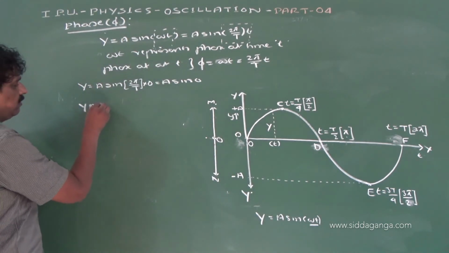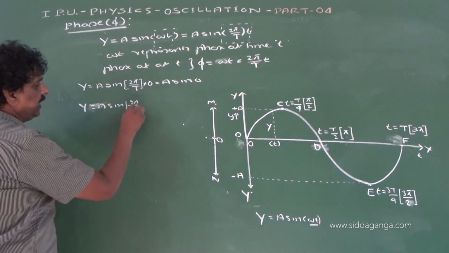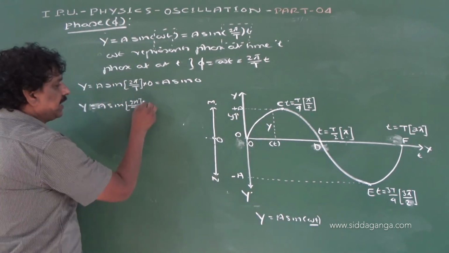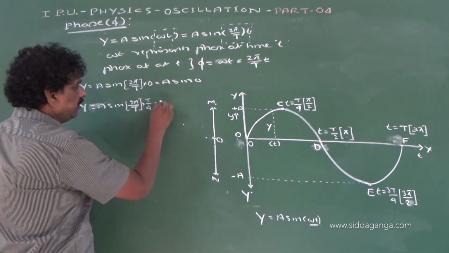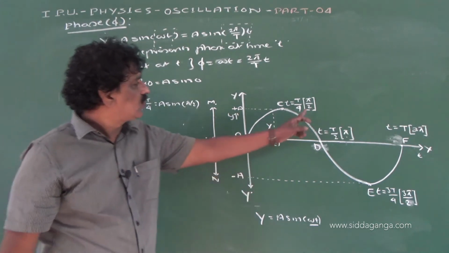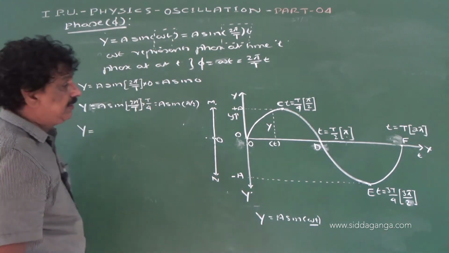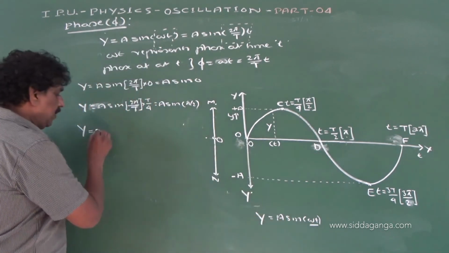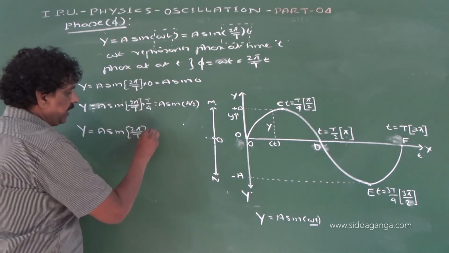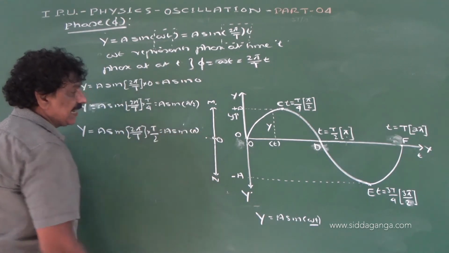Now y is equal to a sin 2 pi by T into, at this position time taken is T by 4, that is equal to a sin pi by 2. So the phase here is pi by 2. Now at D, y is equal to a sin 2 pi by T into T by 2, that is equal to a sin pi.